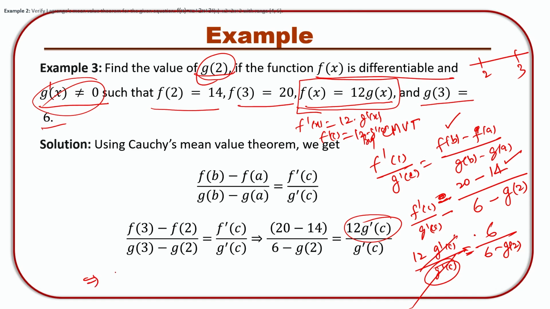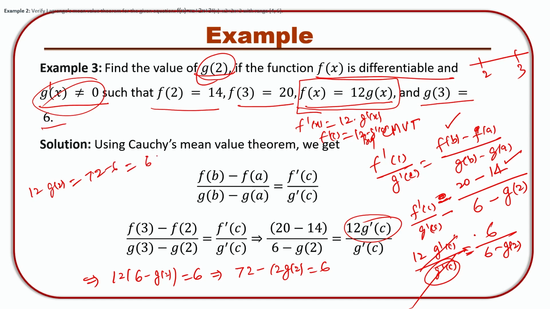So this will give you 12 into 6 minus g of 2 is equal to 6. So this will give you 72 minus 12 of g of 2 is equal to 6. So 12 of g of 2 is equal to 72 minus 6, which is 66, right?